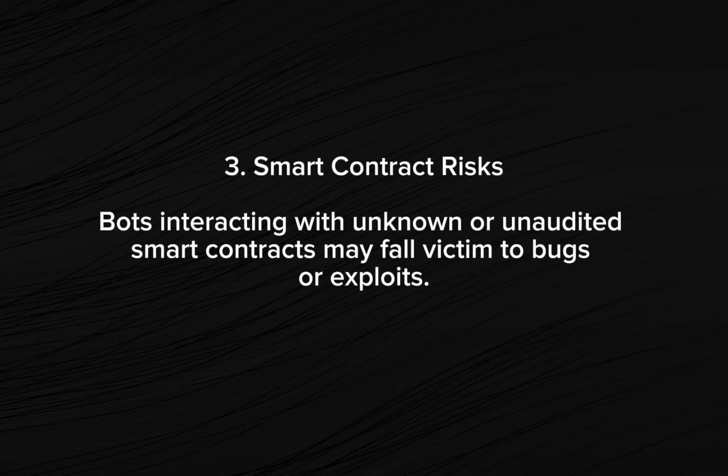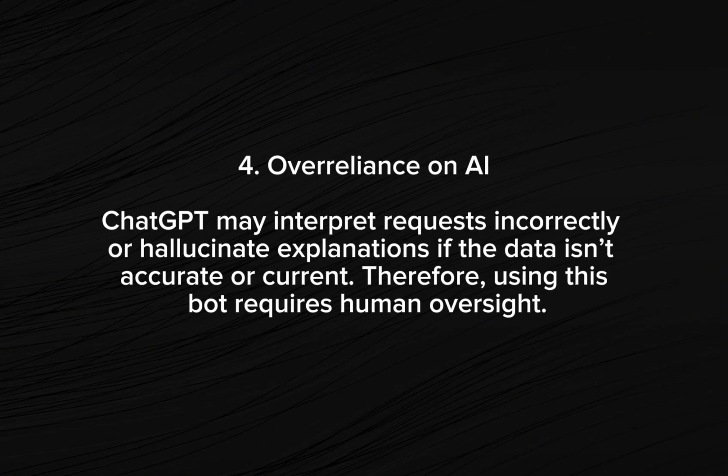3. Smart contract risks. Bots interacting with unknown or unaudited smart contracts may fall victim to bugs or exploits. 4. Over-reliance on AI. ChatGPT may interpret requests incorrectly or hallucinate explanations if the data isn't accurate or current.